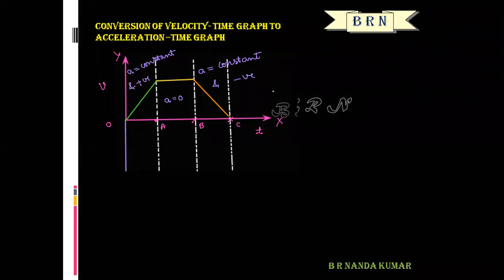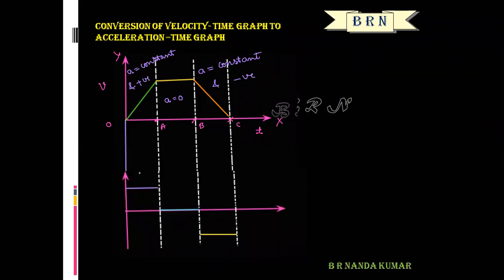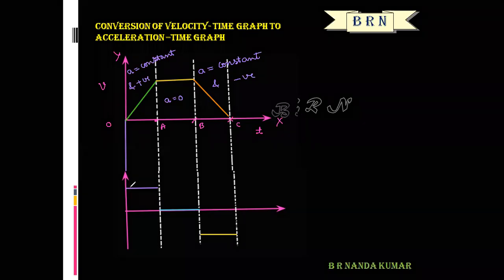So now let us consider the AT graph. What is the meaning of AT graph? A graph drawn by taking acceleration along the y-axis and time along the x-axis. Here the time is divided into 3 equal parts.